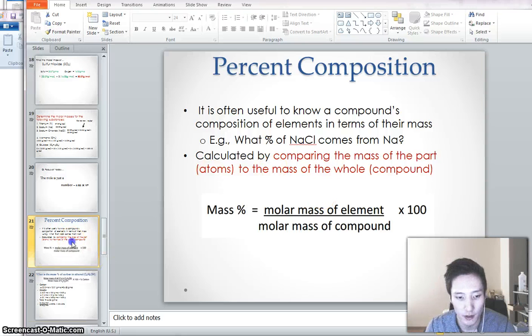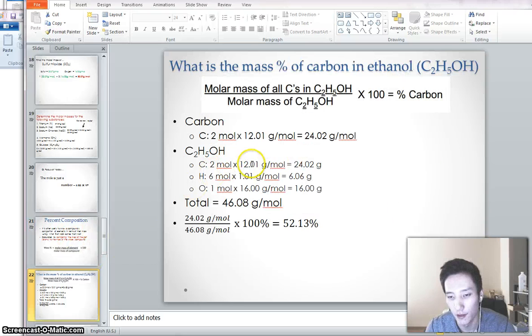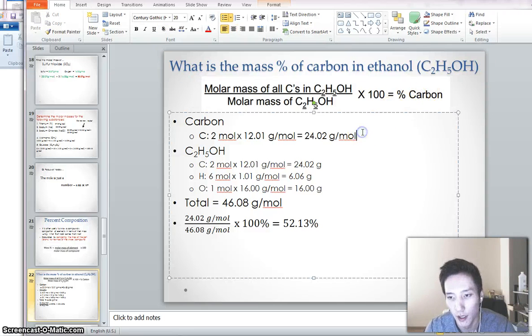So we did an example problem at the end of the period on Wednesday for finding the percent mass of carbon in ethanol. So C2H5OH. What's the percent composition of carbon? So it's really simple. All you needed to do was take how many moles of carbon are in C2H5OH? 2 moles of carbon.